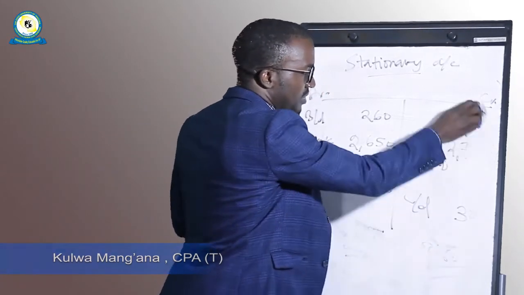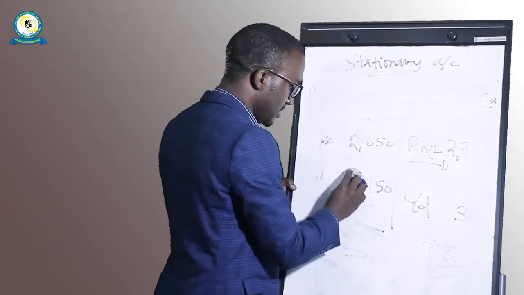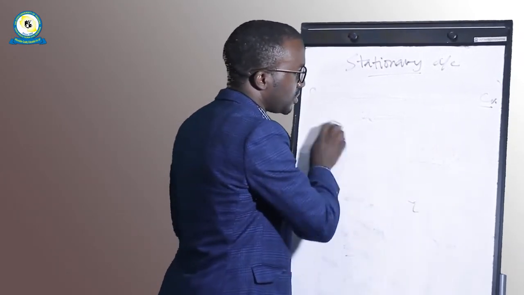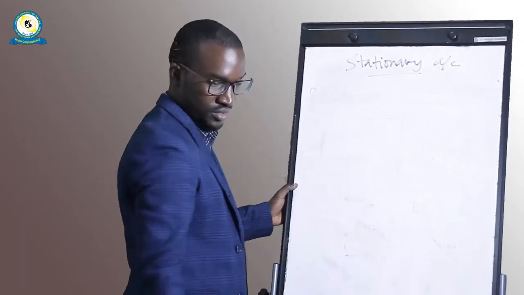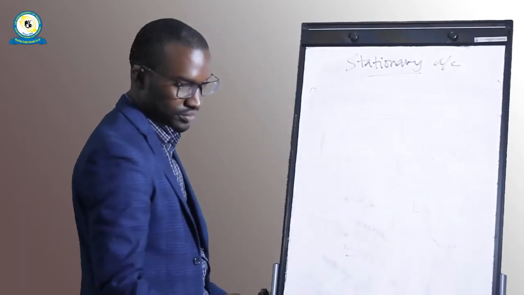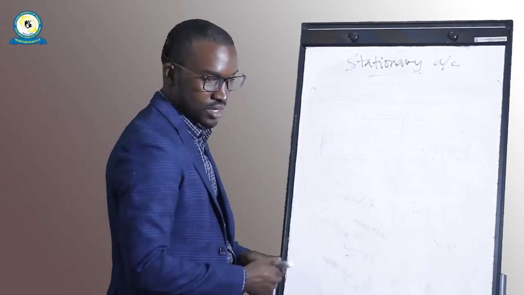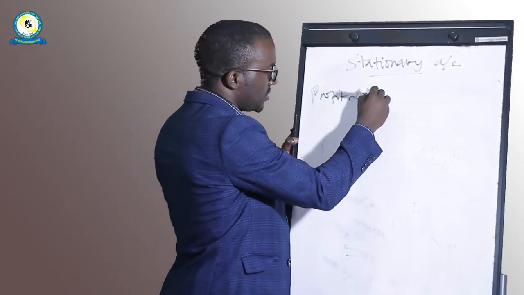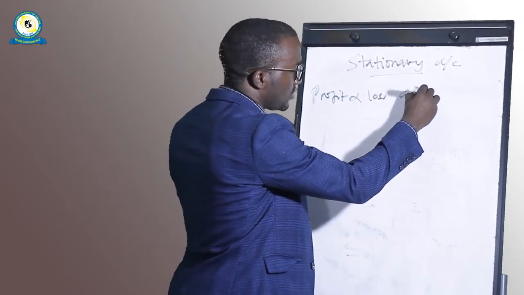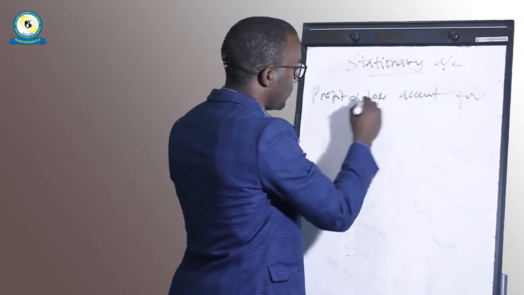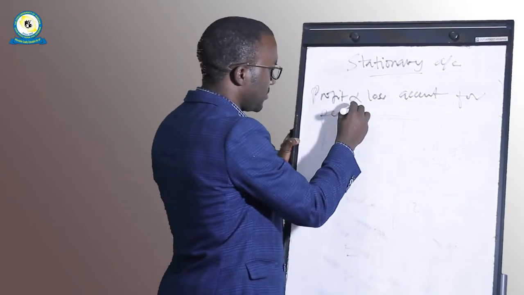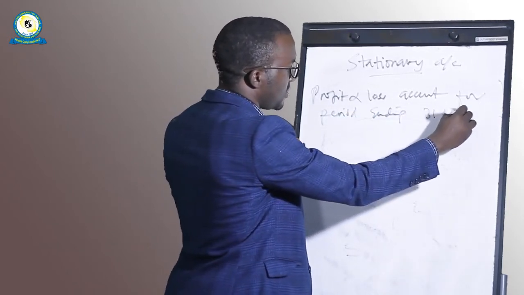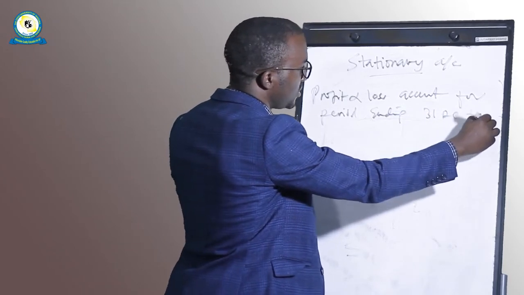Let me finalize by writing it here, so that you see an extract. Okay. This is an extract. Profit and loss account for the period ending 31st December, let's say 2019.